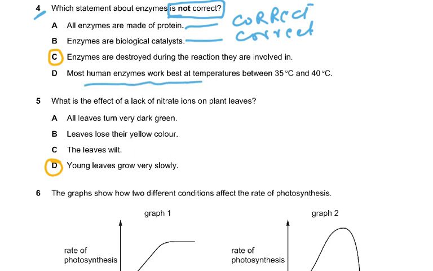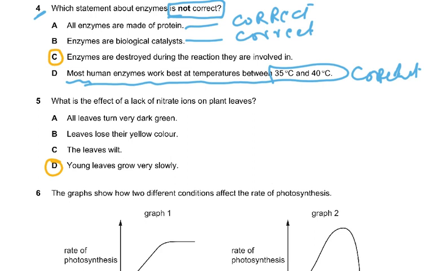Most human enzymes work best at temperatures between 35 and 40 degrees. Why is this incorrect? All human enzymes work best at temperatures between 35 and 47. So that is why this is correct. Most enzymes, but yes, it's correct. Most human enzymes, most or almost all of them.